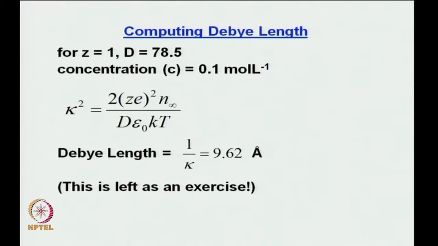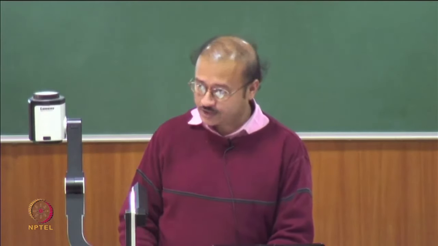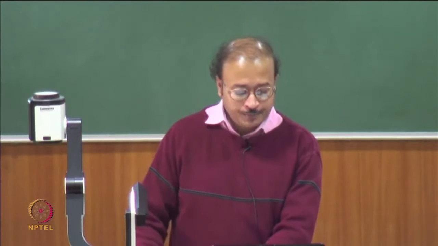Now, this is left as an exercise for you to do. It will come as 9.62 angstroms, given Z is equal to 1, D is equal to 78.5, and the concentration C is equal to 0.1 moles per liter. I am giving you the concentration right away, right. So, please do it, you will understand how people do these calculations, because Debye length obviously has a very important place in electrostatics in chemistry. Okay.